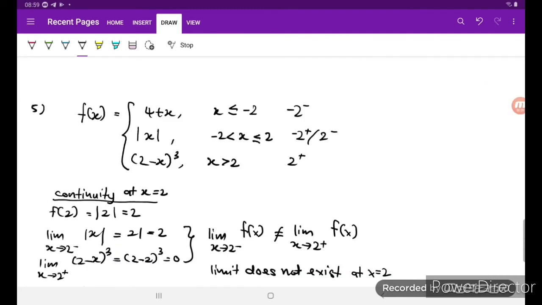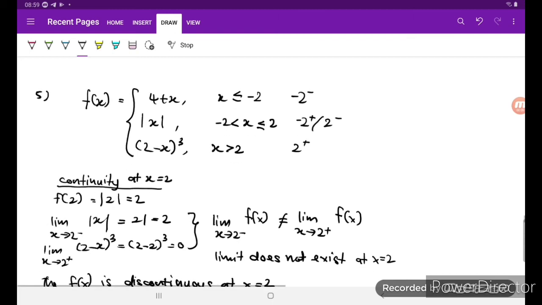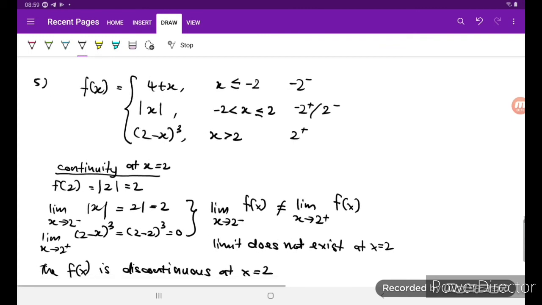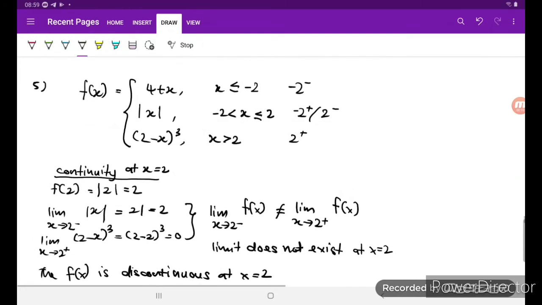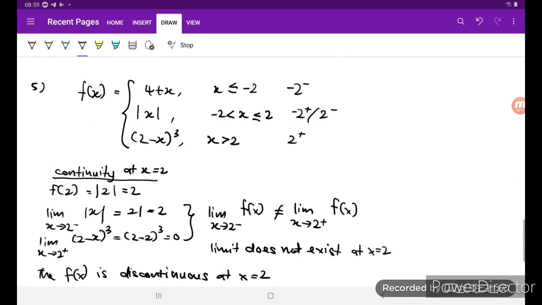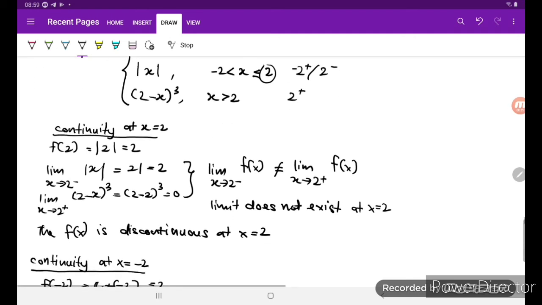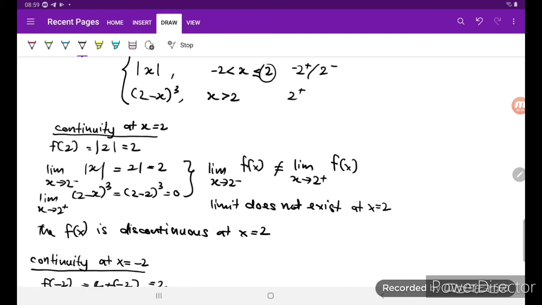Okay, for question number 5, we are given a piecewise function. The question says that we want to find the continuity at x equals to 2 and at x equals to negative 2. So we go for the continuity at x equals to 2 first.